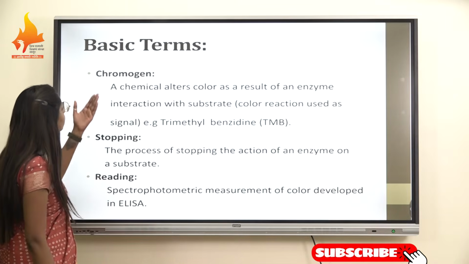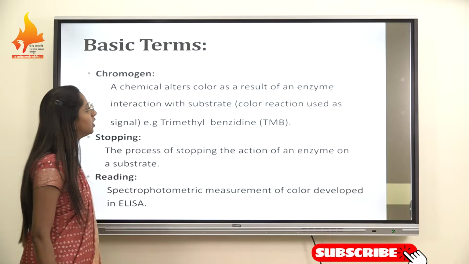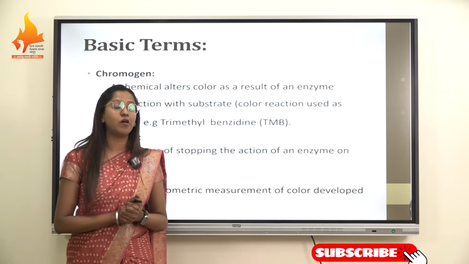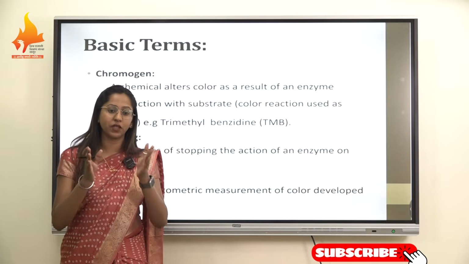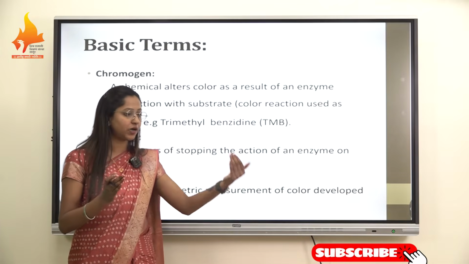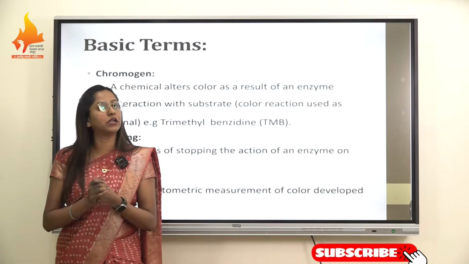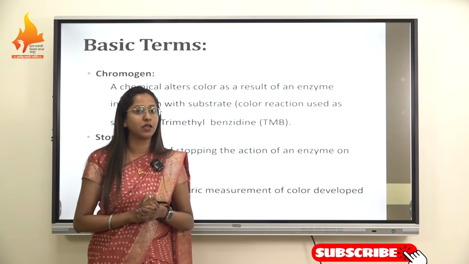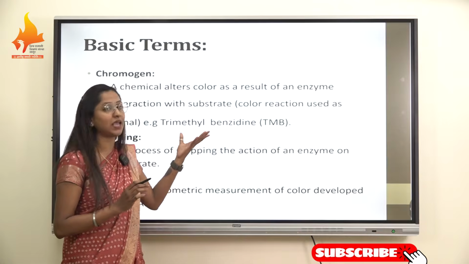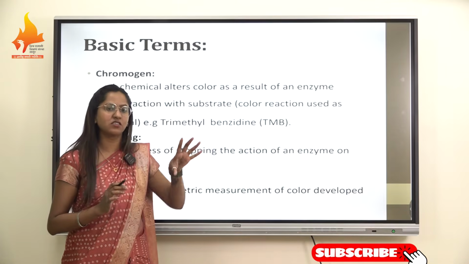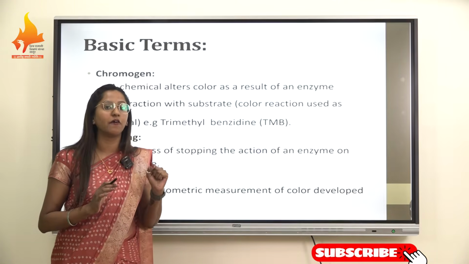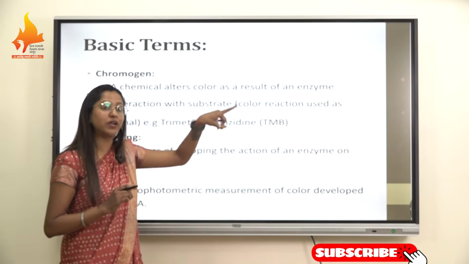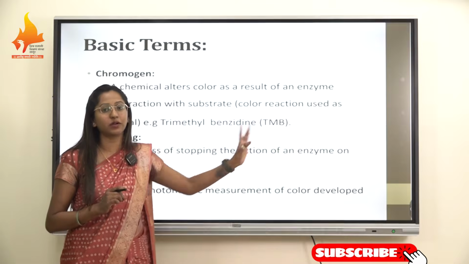Moving forward, the next term is called chromogen. Now chromogen, you can also call it a substrate. You already know what a substrate does. If there is an enzyme, this substrate gets bound with that particular enzyme, and further product is formed, with the help of which you will be able to see some type of color in the solution, which represents that the enzyme has been bound with the substrate and further product has formed.